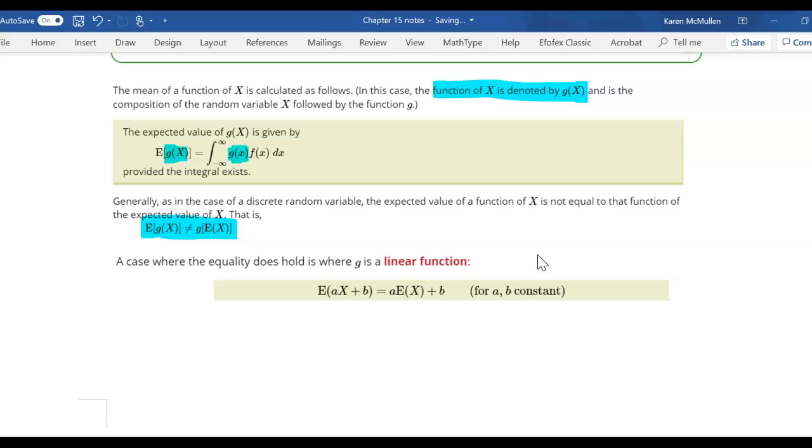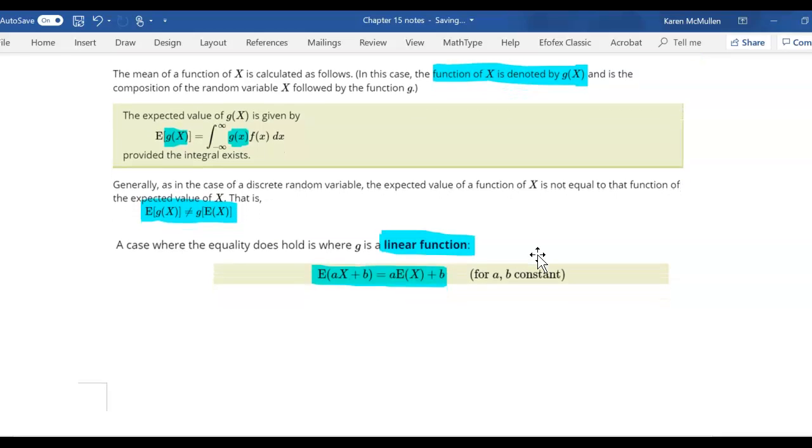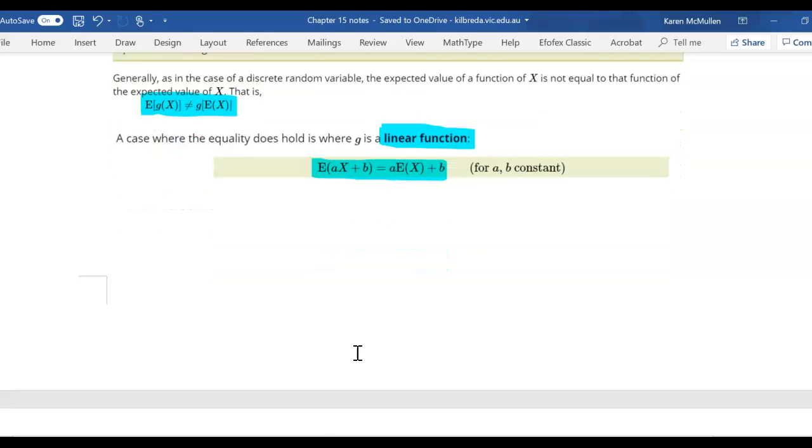But if you do have a linear function, you can just go straight ahead and do this. I remember we did an example in question 13D, because I did it separately in class, so you might not necessarily have it in your notes. You can still do linear functions the same way. It's just a bit of a shortcut there.